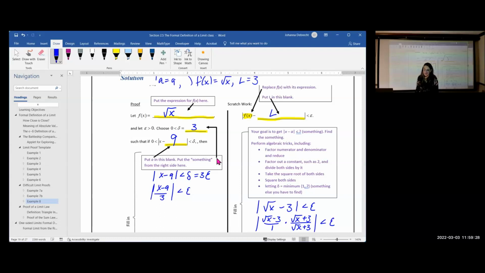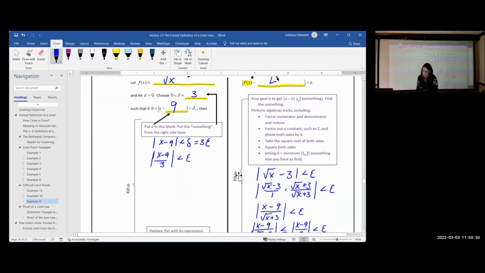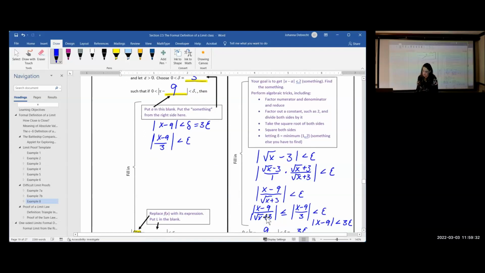Now we can write the next part, which was the part that we had right here. So now we can write that the absolute value of x minus 9 over the square root of x plus 3 has to be less than or equal to the absolute value of x minus 9 over 3, which is less than epsilon.